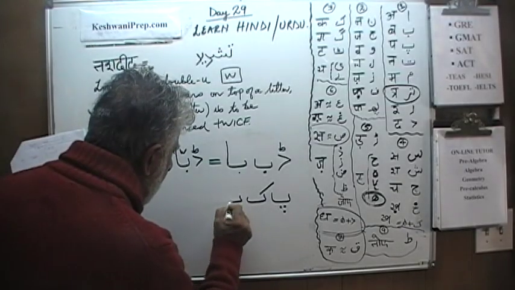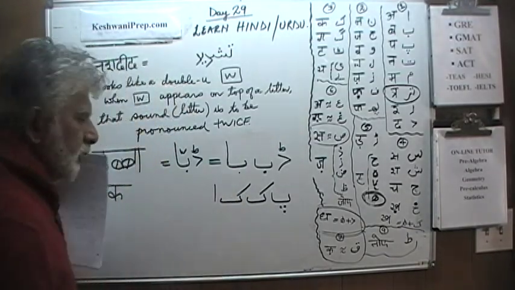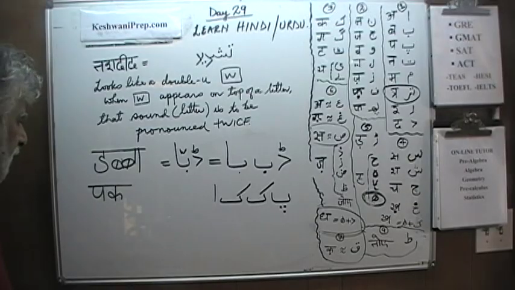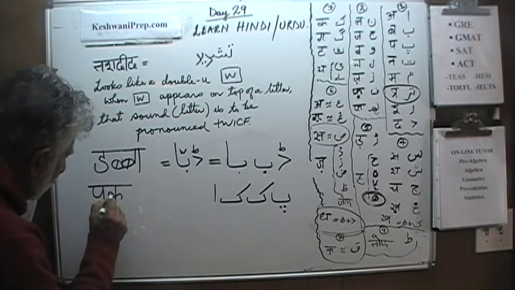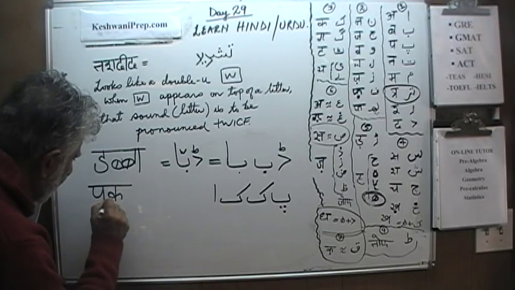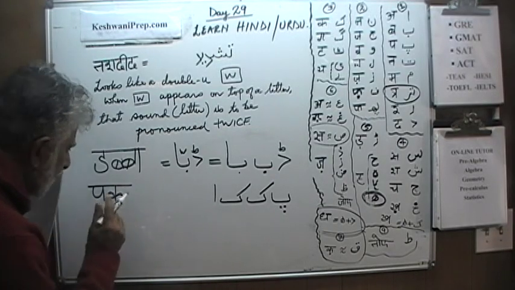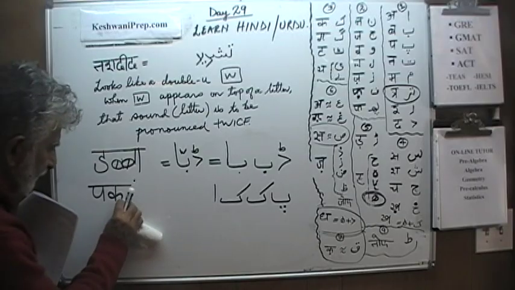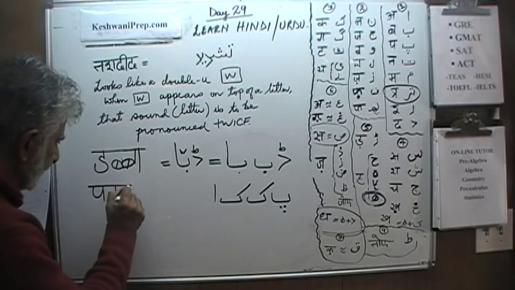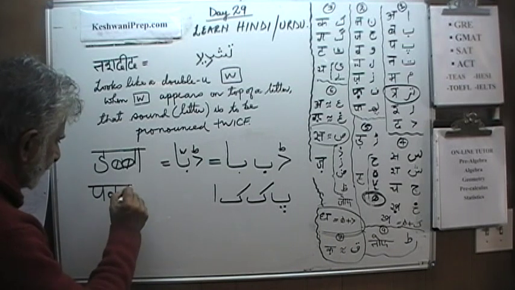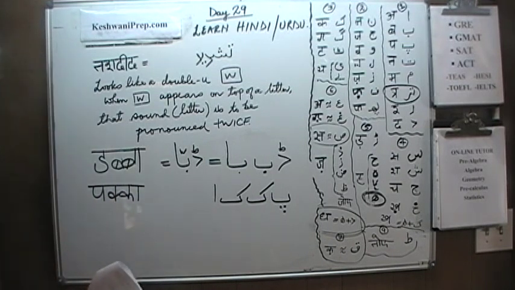And then we need a ka. Pakka. So what's going to happen here is now this loop that comes here and then it goes down, the down part disappears. This down part disappears and it's going to join the next curve. Voila. Pakka.